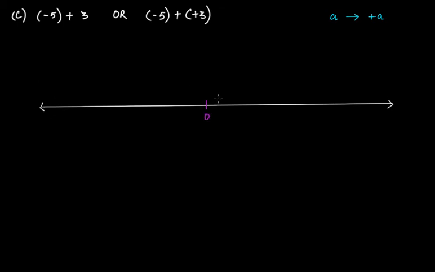Say it's 0 here, then you have 1 here, 2 here, 3 here, 4 here, 5 here, 6 here, 7 here, 8 here, and so on. It will go on. And then let's take a few numbers on the negative side. So this is -1, this is -2, this is -3, this is -4, this is -5, this is -6, and for our purpose to solve this question, it will be sufficient, so leave it to here, -6.